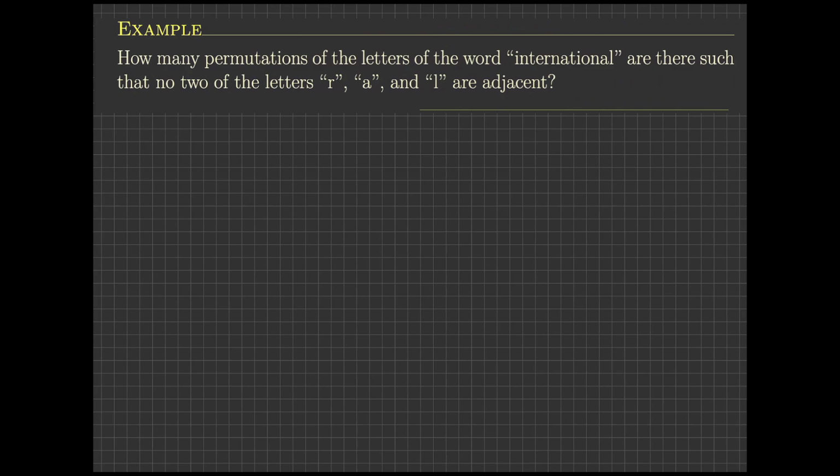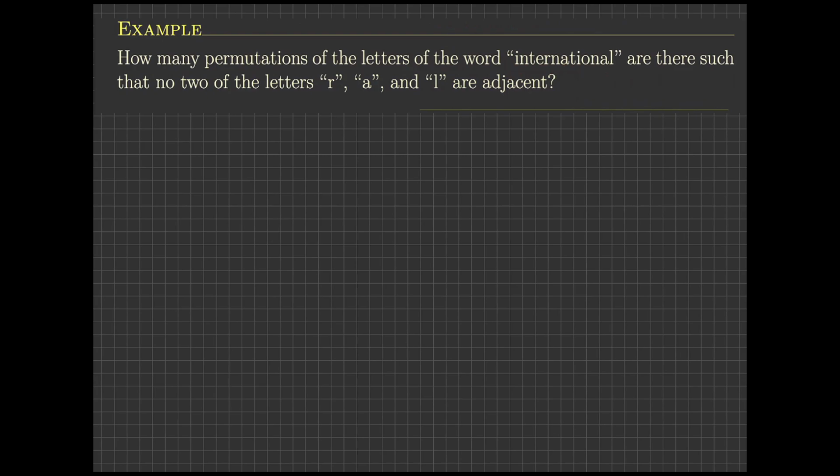This is essentially the same problem from today's lesson point of view, but let me not spoil it, okay? So we have the word international. How many letters are there in international? Let me count them: 1, 2, 3, 4, 5, 6, 7, 8, 9, 10, 11, 12, 13. So there are 13 letters here.